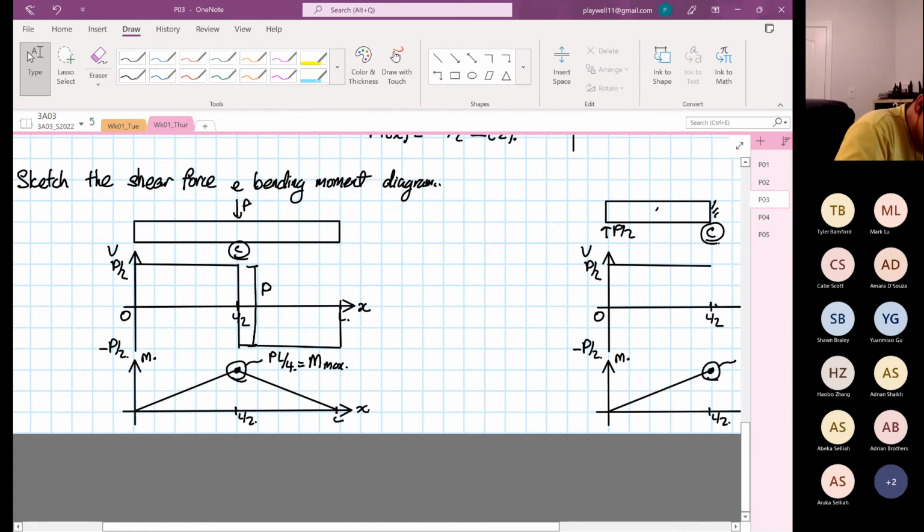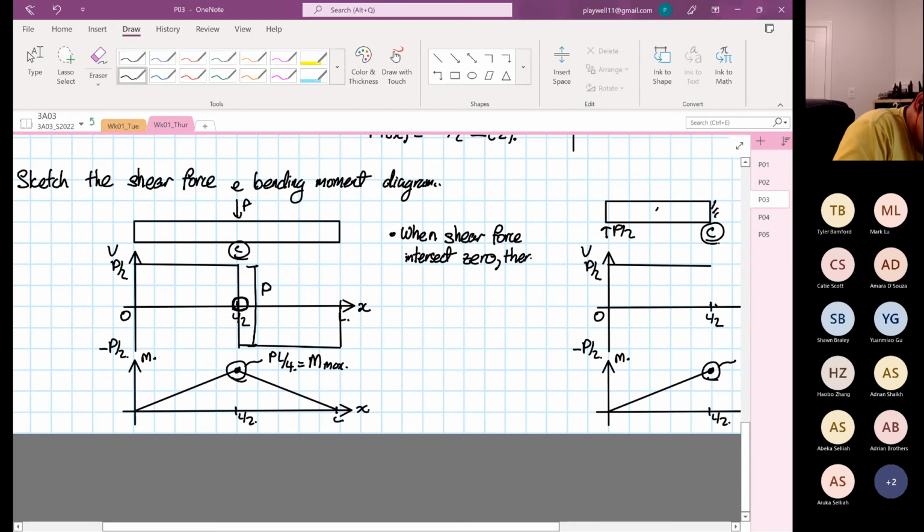The first thing I want you to see is when the shear force intersects 0, like over here, right?